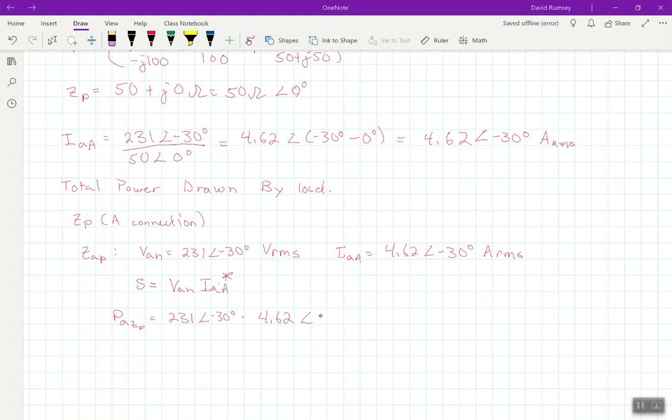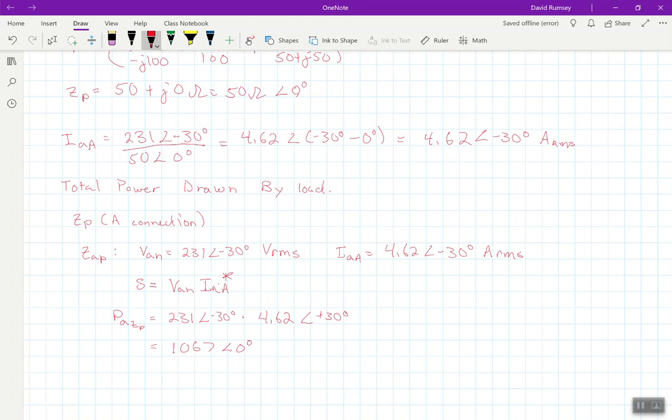It would just be at the opposite angle. So it'd be plus 30 degrees. So we actually get the same number here because we still have 4.62 times 231. So we still get 1067, but the angle now is at 0 degrees because I'm adding those together.